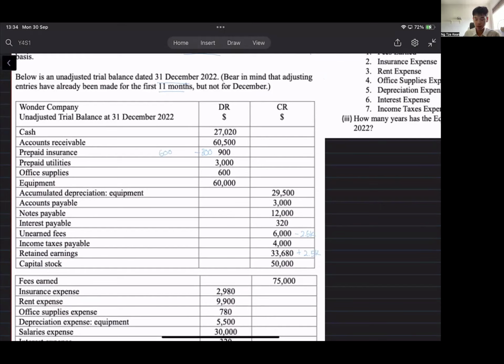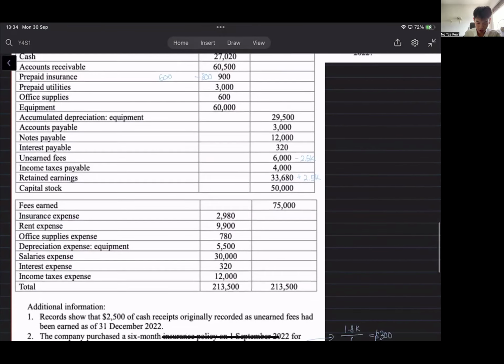So we will expense it for the month of December. And because we deducted the asset by 300, we should increase the expense by 300. So there will be an insurance expense, which we will have to add, 300 too. And that will give you 3,280 as the final value.